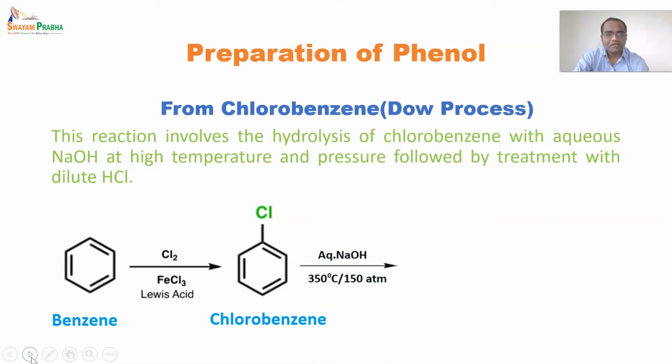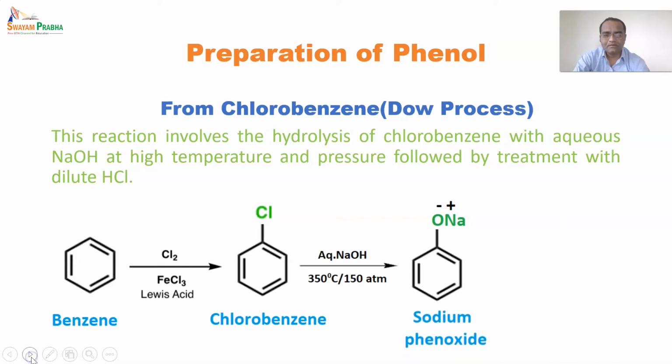And after treatment with aqueous NaOH at high pressure and high temperature, almost 350 degrees Celsius and 150 atmospheric pressure, the chloro is removed from benzene and substituted by ONa, and this compound is called sodium phenoxide.